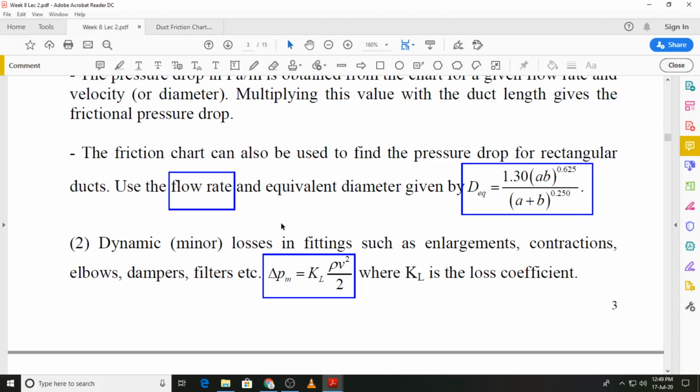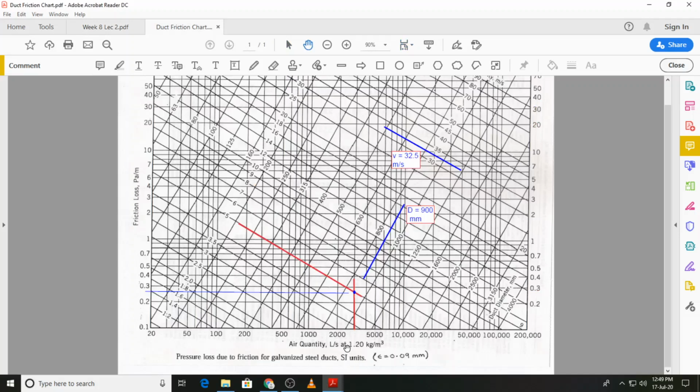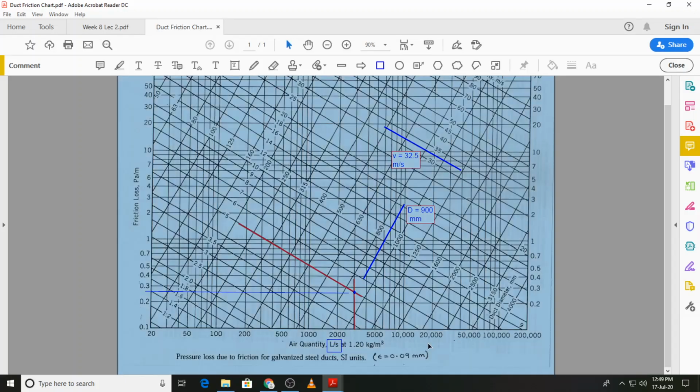I will now go to the friction chart, and then we'll look at how we actually use it. Now if you look at the friction chart, on the horizontal axis we have the air quantity, and it is in liters per second.